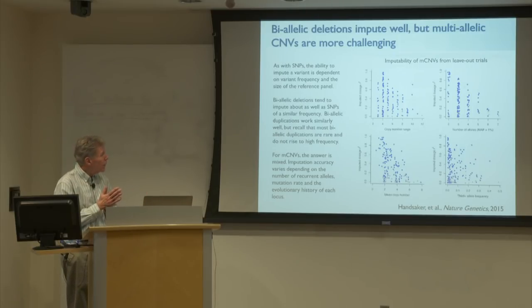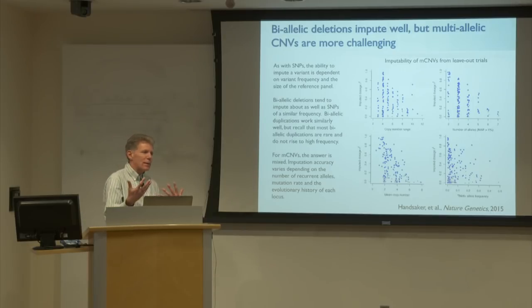Biallelic duplications also impute well in general, or about as well as SNPs. But with the caveat that, like I explained, most biallelic duplications are rare. So given that they're rare, they impute about as well as a rare SNP of the same frequency.